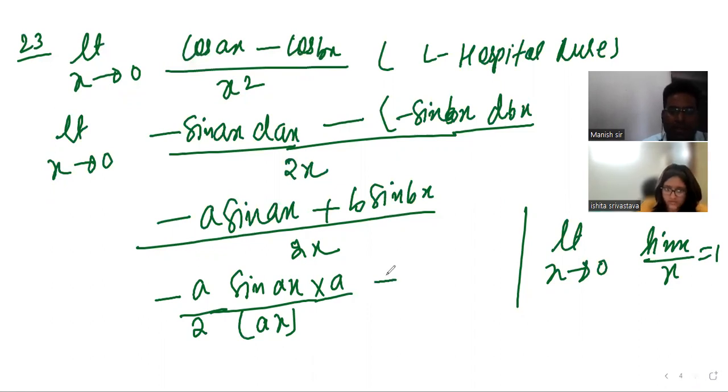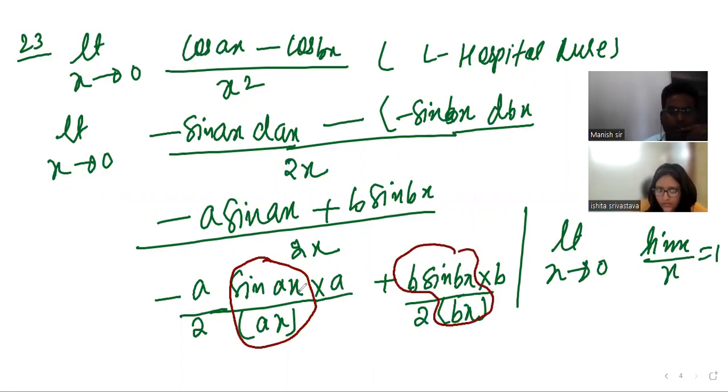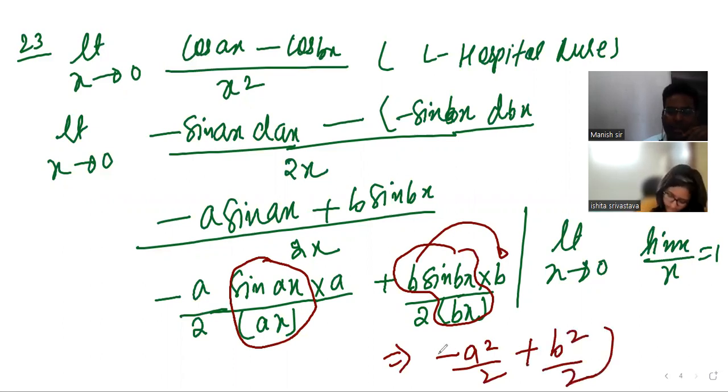In the similar manner, this will become b sin bx divided by 2, and I need here bx, so multiply with b, right? So your answer will be minus of a square upon 2 plus b square upon 2. So this is the answer. You can check it out.